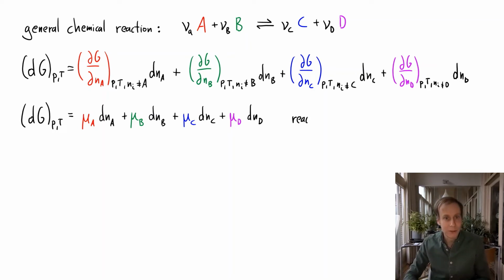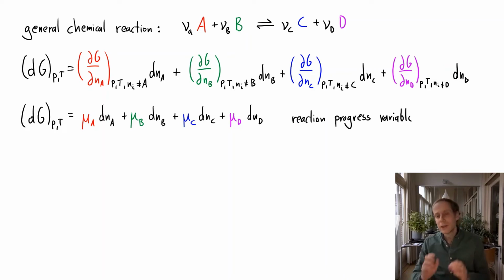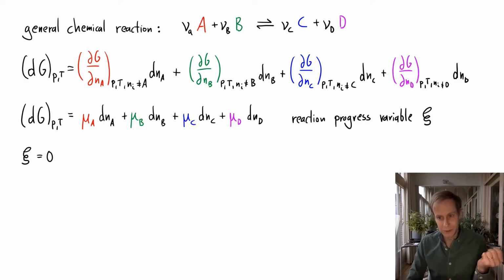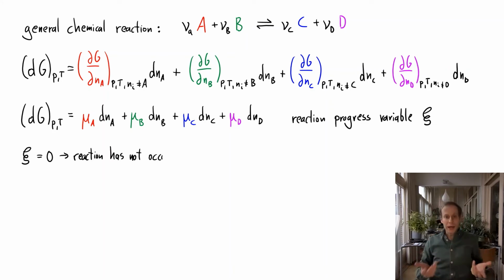Good. So with this in mind, let's define the so-called reaction progress variable. This Greek symbol, I always forget its name. Let's just call it squiggle because it has such a nice curve at the bottom, or two. So what does that reaction progress variable mean? If this squiggle is 0, that basically means that no reaction has occurred at all.